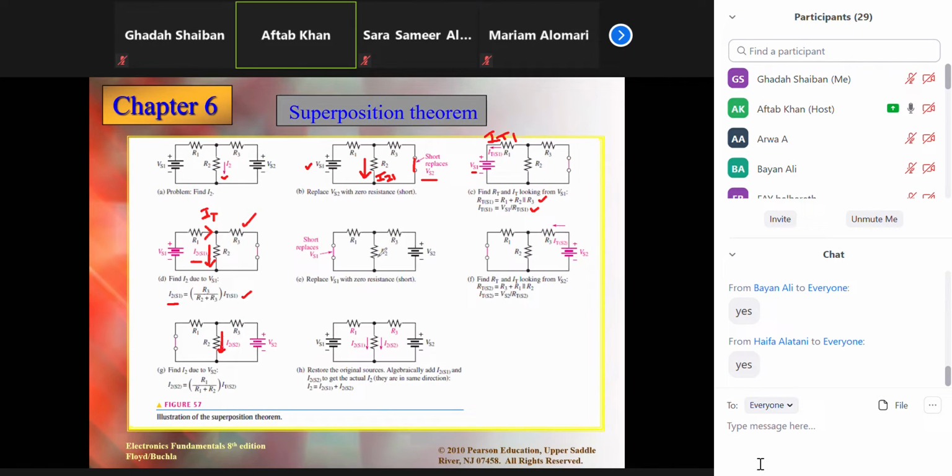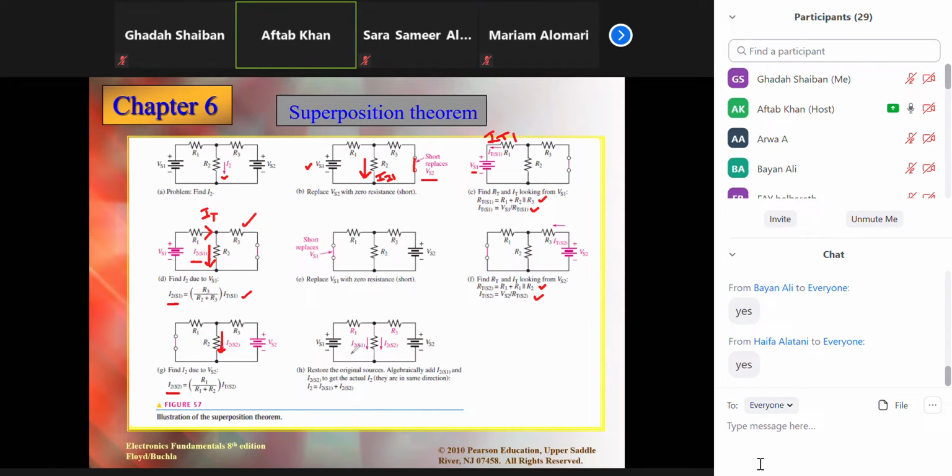Later on it is in series with R3. So this is the way to calculate the total RTS2. Then we will be calculating RTS2 total current here. Then finally we'll be applying current divider rule here, and we will be calculating the I2S2.